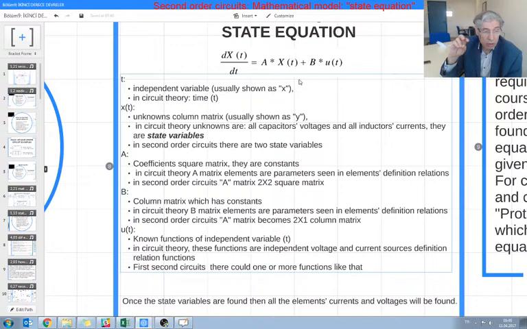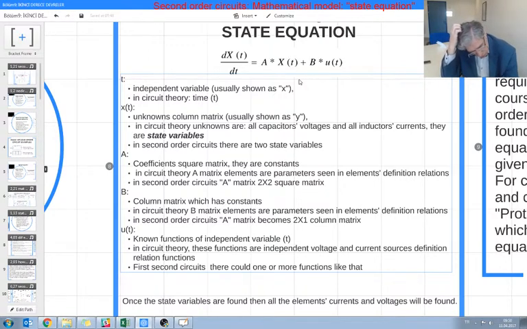Inductor voltage cannot be a state variable. Capacitor current cannot replace capacitor voltage. So the state variable must be capacitor voltage, not the current. There are some reasons behind it.